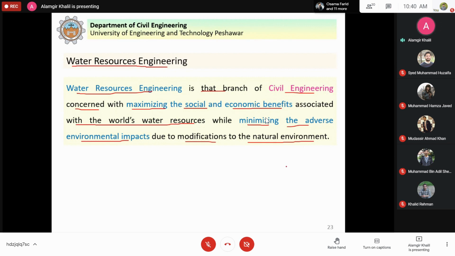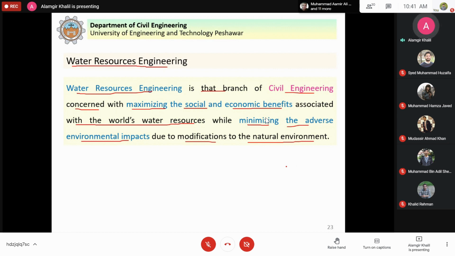Because we are using the water for different purposes, and on the other side, because modifications are made to the natural environment, we also have to minimize the adverse environmental impacts. For example, we are using the water from our houses and from industries, and then we release it into the rivers. So we are polluting the rivers. The same water can go down into the soil and join the groundwater, and the groundwater can be polluted.